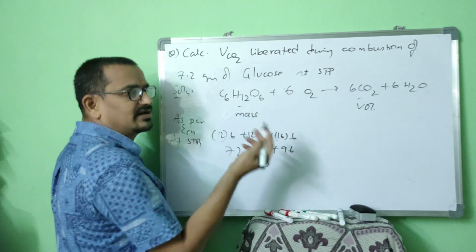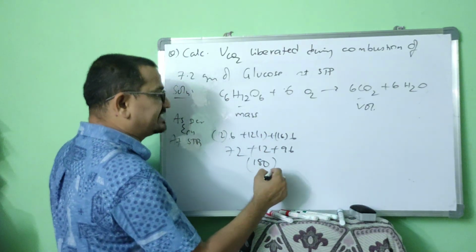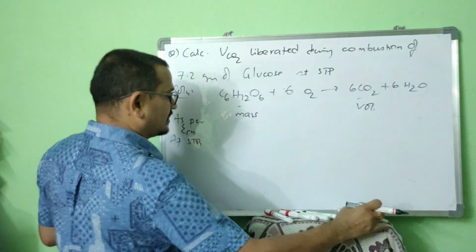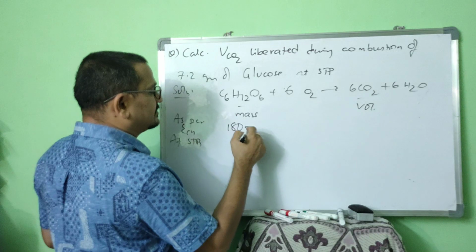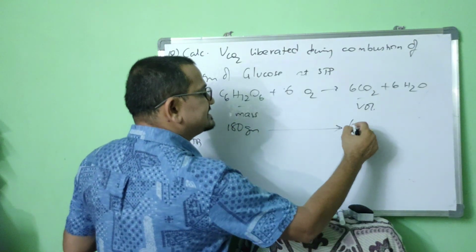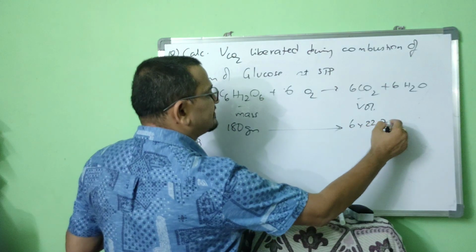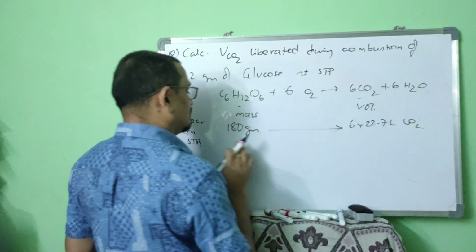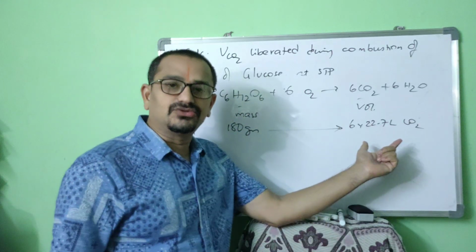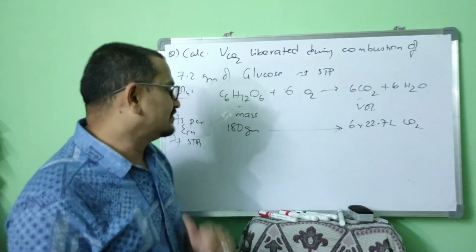So 1 mole, molar mass 180 grams; we have to remember it anyhow. 180 grams of glucose on combustion is giving 6 into 22.7 liters of CO2.